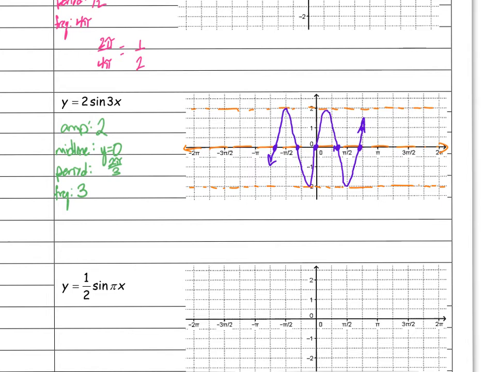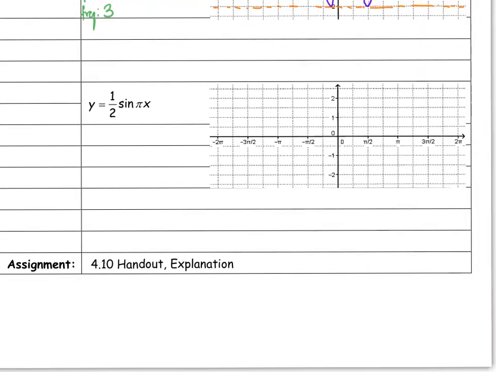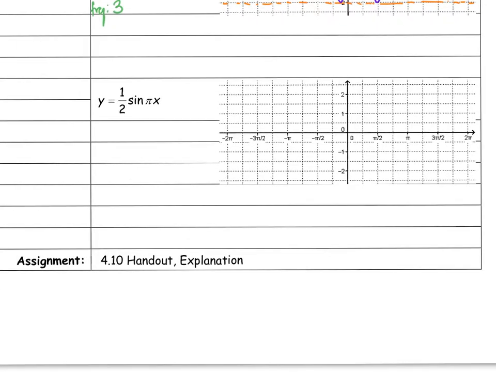One last graph. I'm going to try this one. Okay. All right. So my amplitude is 1/2. My midline, look, I can't even think now.